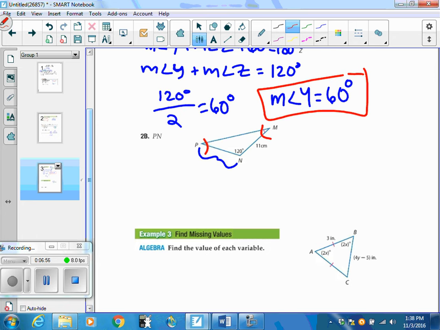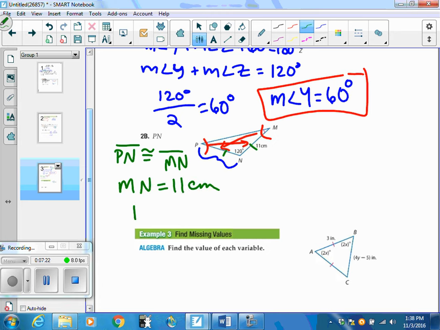And the converse of the isosceles triangle theorem says that if my base angles are congruent, then the sides opposite those are also congruent. So that means that PN must be congruent to MN. And MN is equal to 11 centimeters. So PN also has to be 11 centimeters.